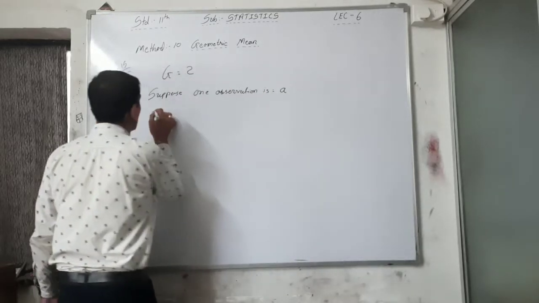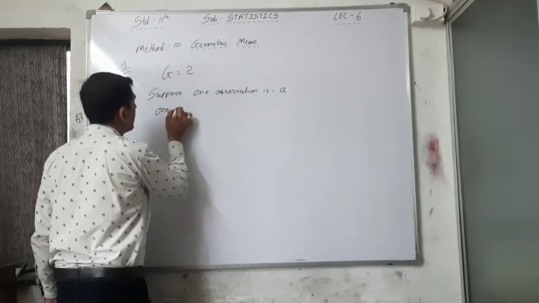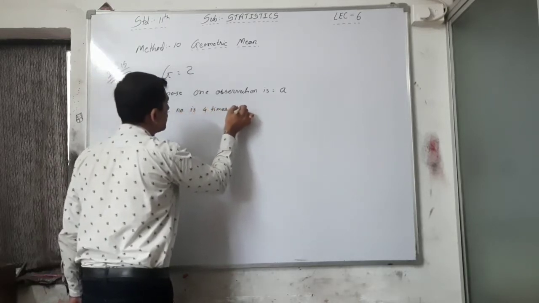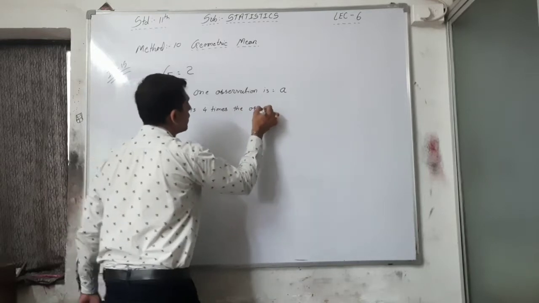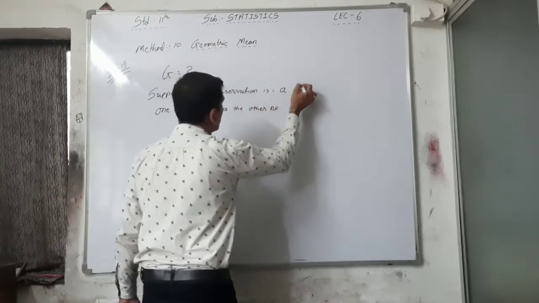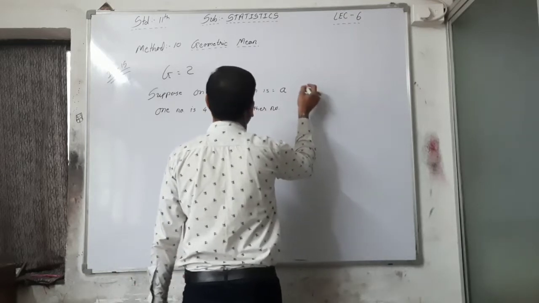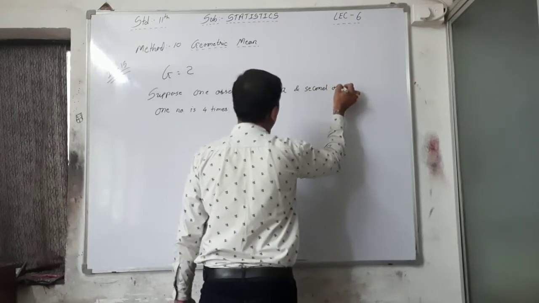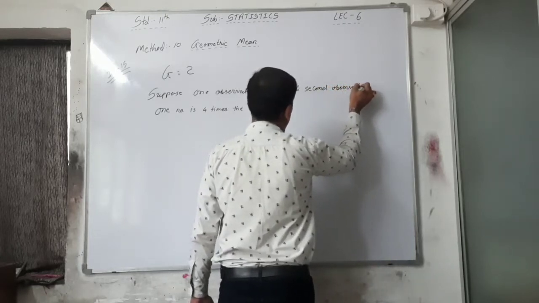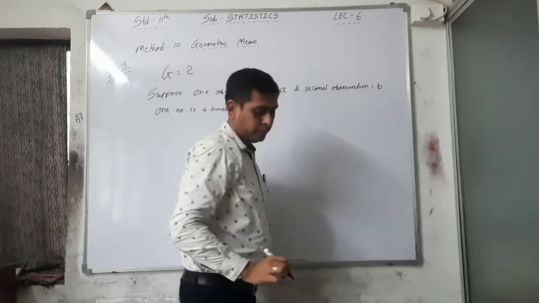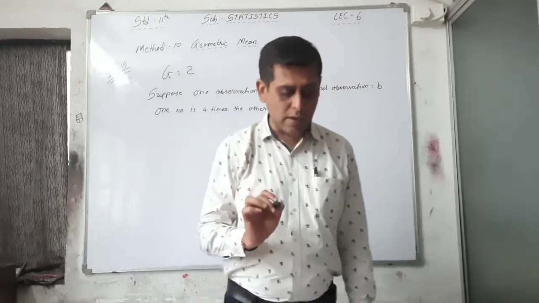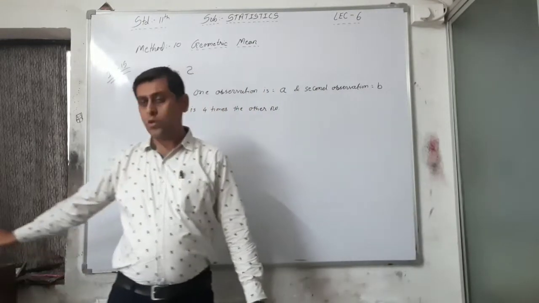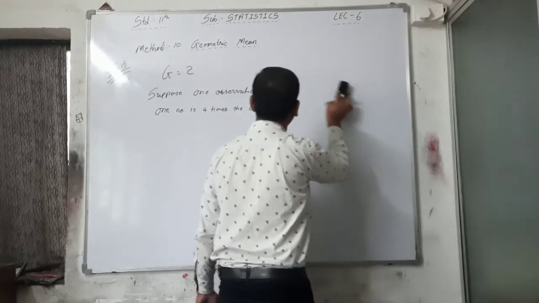So one observation is A and the second observation is equal to B. We are assuming A and B as two observations. Or we can say that you don't have to assume that one also.